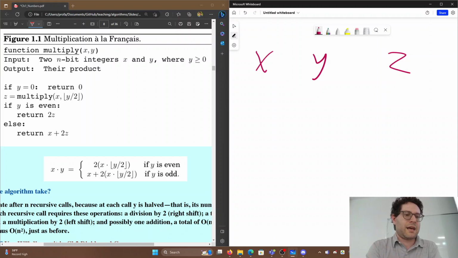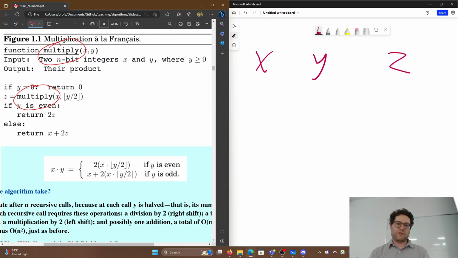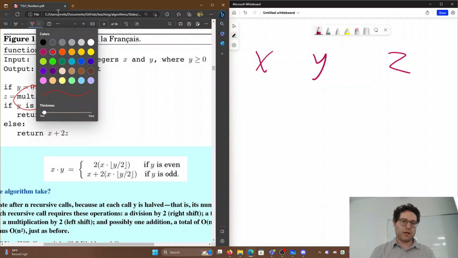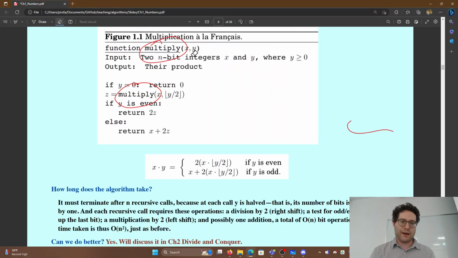Now, why am I making a table? Because if you notice, this is a recursive algorithm. So when we're working with recursion, it's very useful to make a table of where everything is at each depth. Okay?